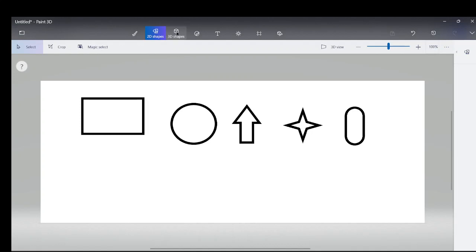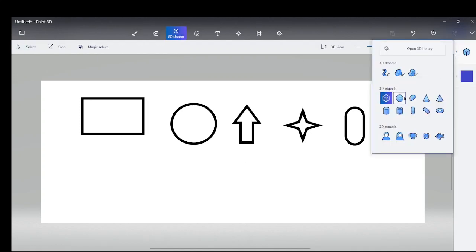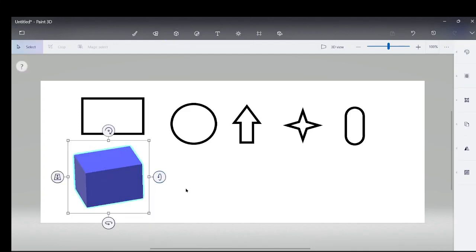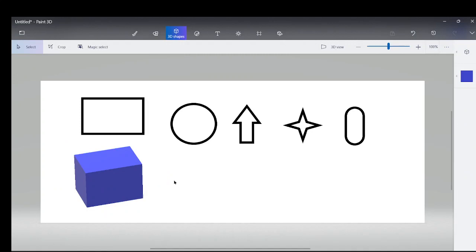And if you look at this type of figure, here you will get more points. This is a cube. You will get more figures like this.